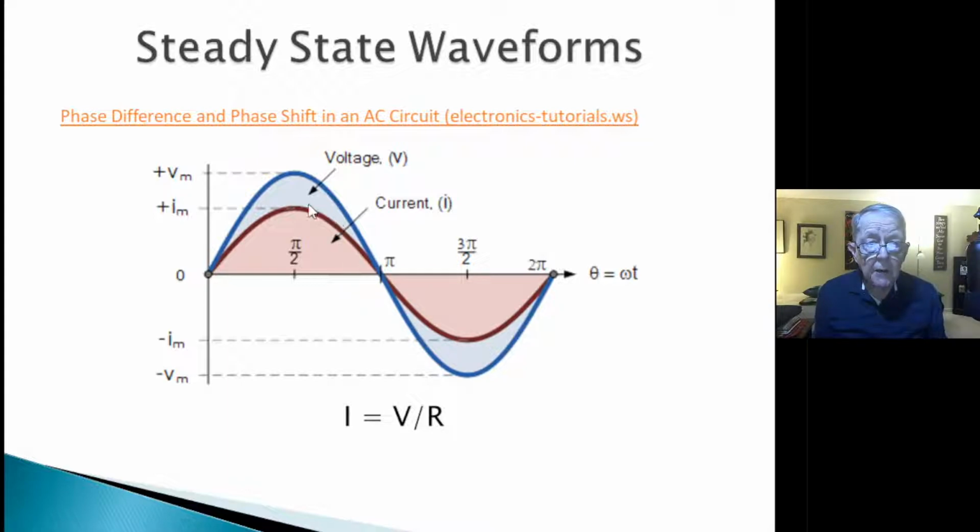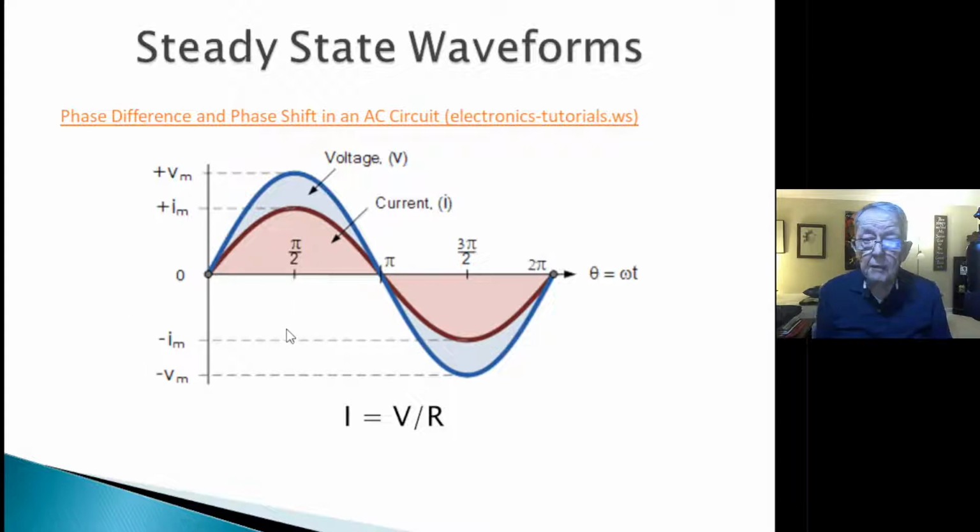Okay, steady state waveforms. Then there's your voltage, and then current. Well, current is a calculated value. I've said this over and over again, whether it's DC or AC: you have to measure the voltage, measure the resistance, divide the voltage by resistance, and you get the current.